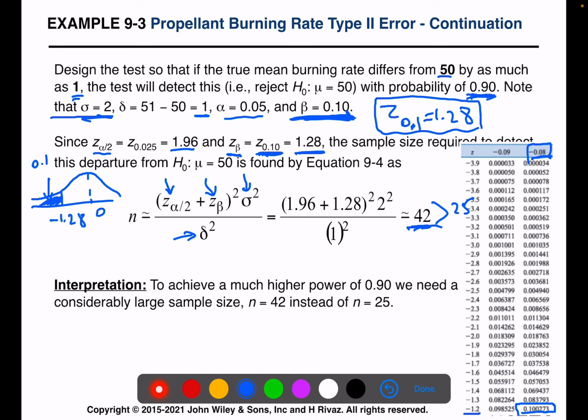This is 0, right? So from the table, we see that this is minus 1.28. And for the sake of this equation, both Z of alpha divided by 2 and Z of beta must be positive, so you basically get rid of the negative signs. Okay, I understand now. So we're given a beta value, and we're able to go to the table and say Z of beta is going to be this value. Exactly, yeah.